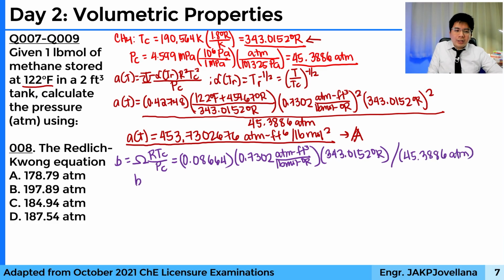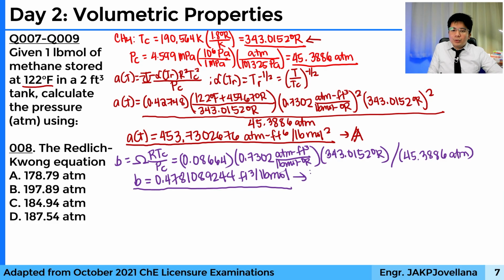So we can solve for the value of the parameter B as around 0.478. The units are feet cube per pound mole. So this is the value of parameter B, and let us store this to variable B of our calculator.